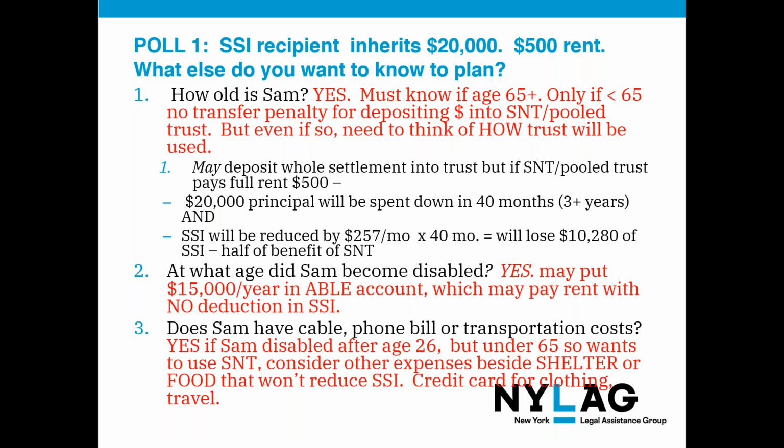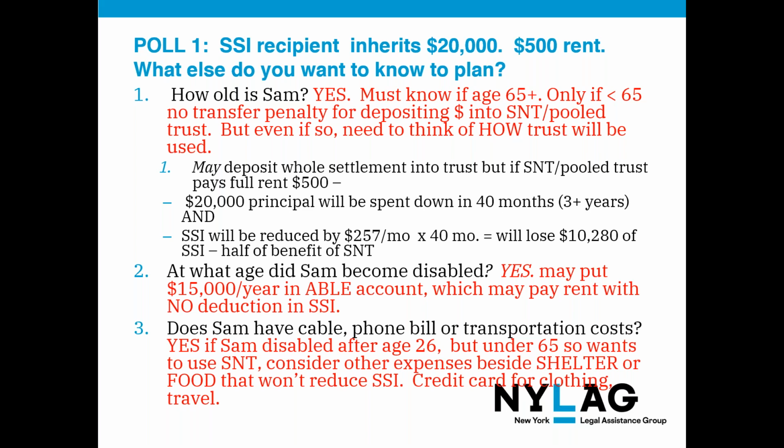The rent is $500. Person's on SSI. If the $20,000 principal is used to pay the rent and spent down in 40, it's going to be all spent down in a little over 3 years. It'll be gone. Plus, SSI will be reduced by $257 a month.